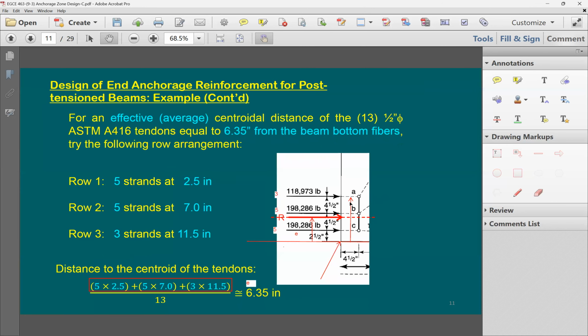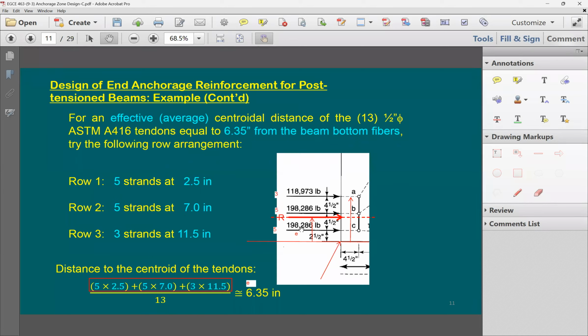In this case, I have 13 strands. How can I distribute 13 strands? I need to put them in 3 rows. I cannot put them in 2 rows; it's going to be fully congested. So I decided here to put 5, 5, and 3. The resultant is now going to be shifted a little bit.